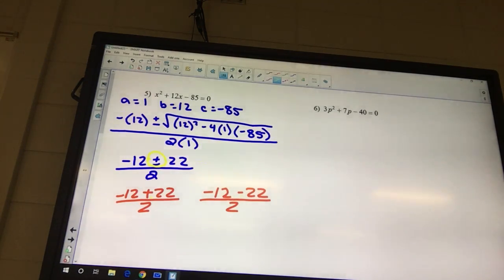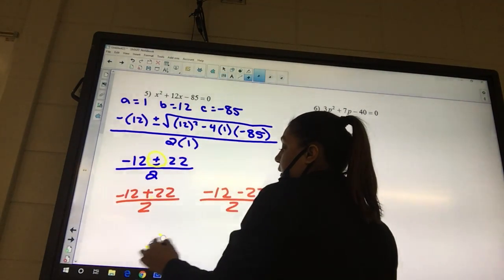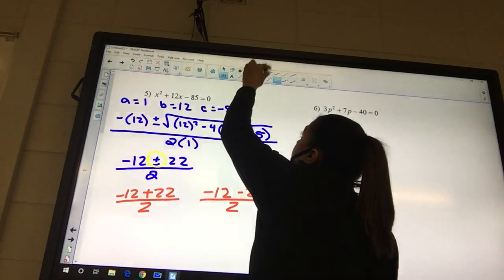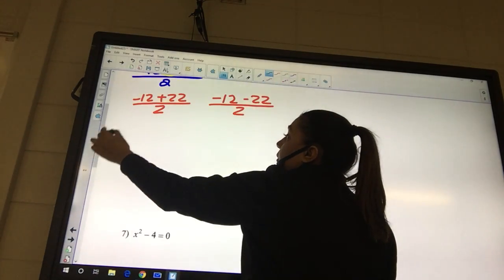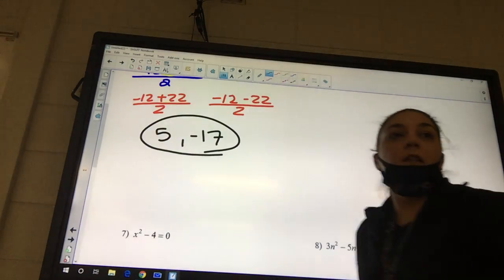It's gonna be 5 and negative 17. Jane, what'd you get for the first fraction? 5 and 17. No, negative 17. There you go. Even Marco got it. 5 and negative 17.